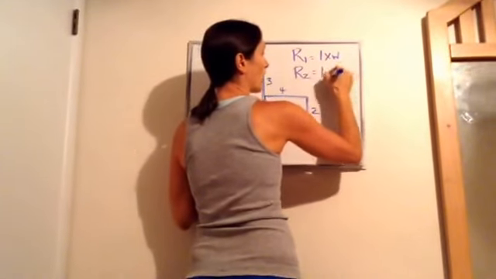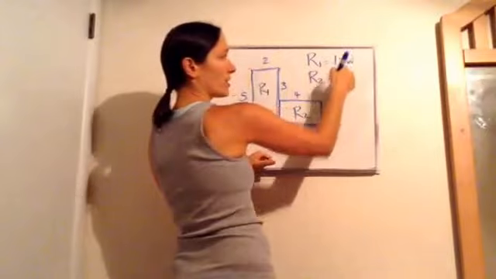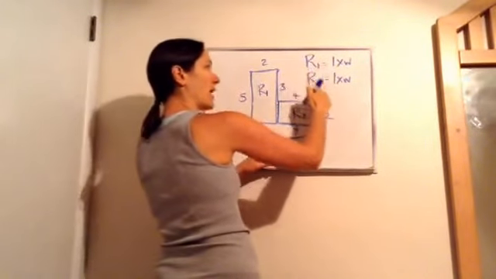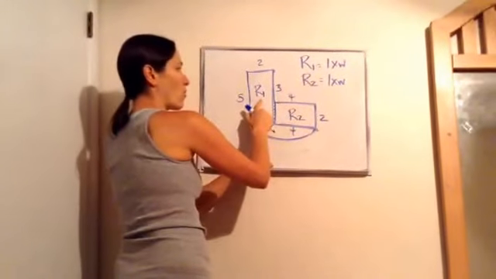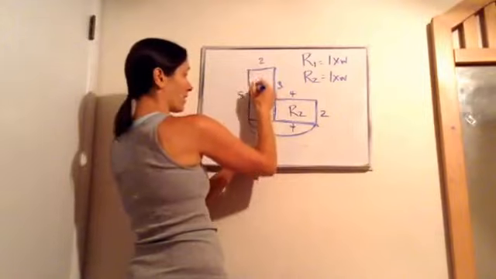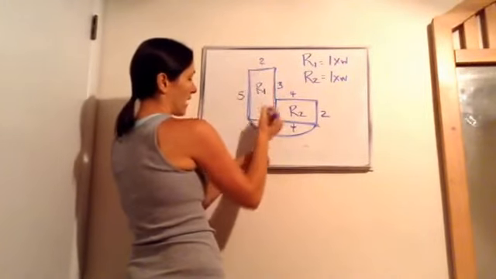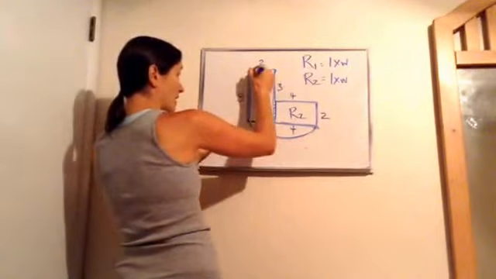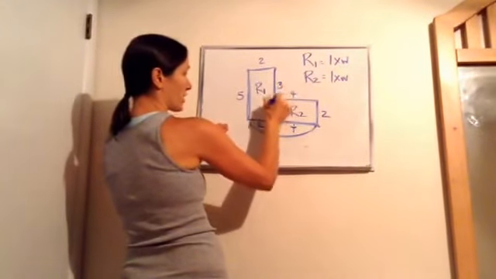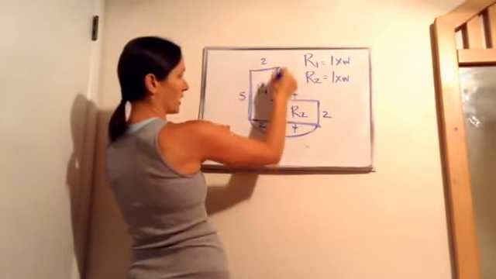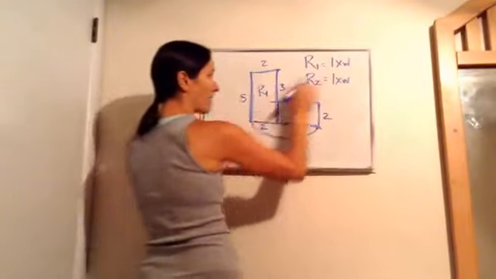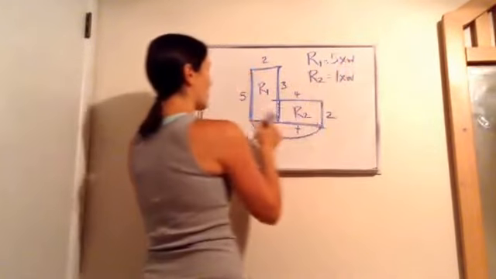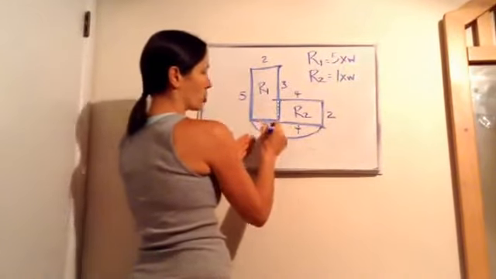So I'm going to write out my formula that I'm going to use on rectangle 1 and rectangle 2. Rectangle 1, what is my length? Make sure you're not using this 3 because that's only a portion of the length, okay? So we're going to use 5 for the length, and my width is 2.